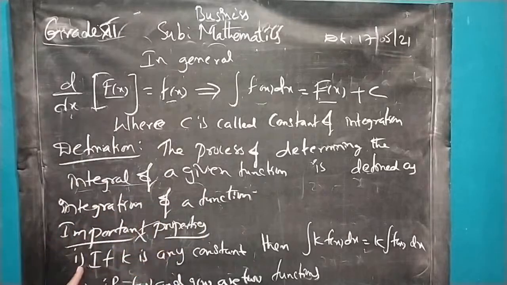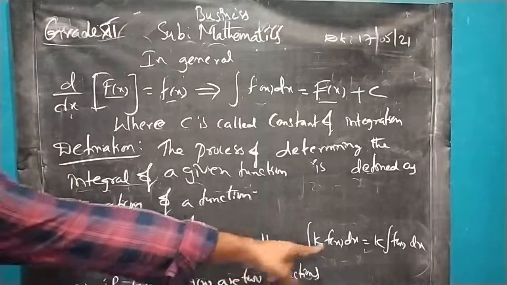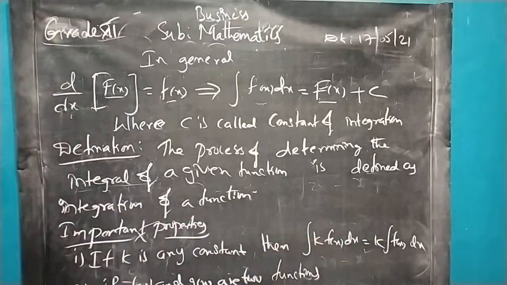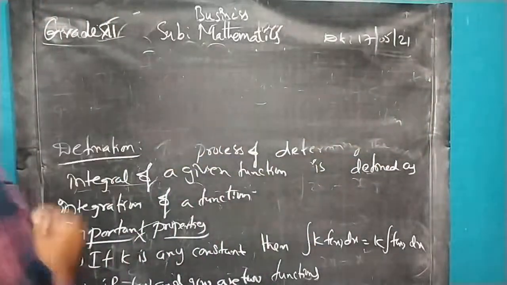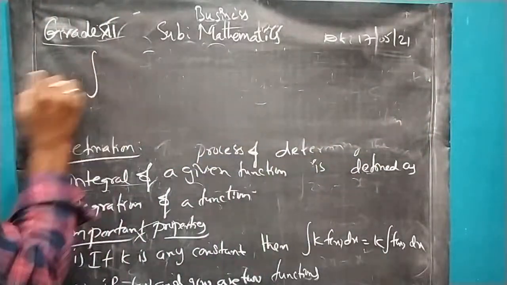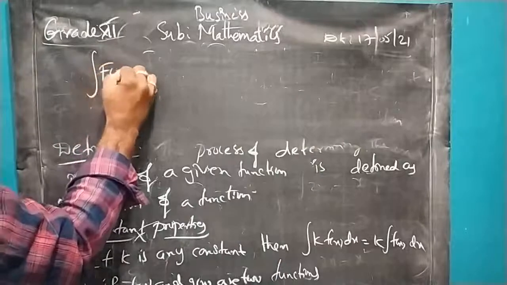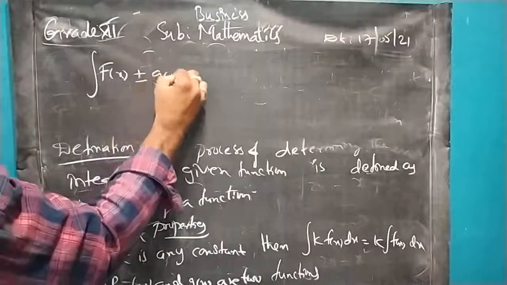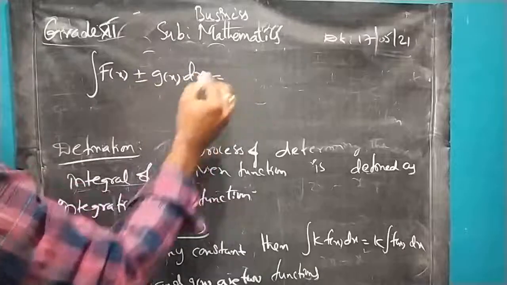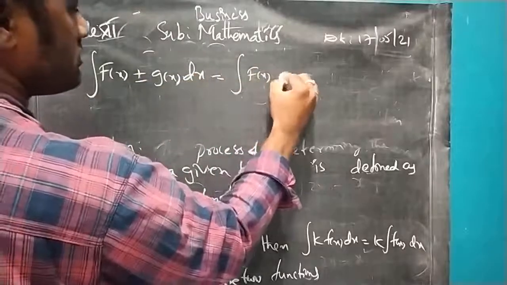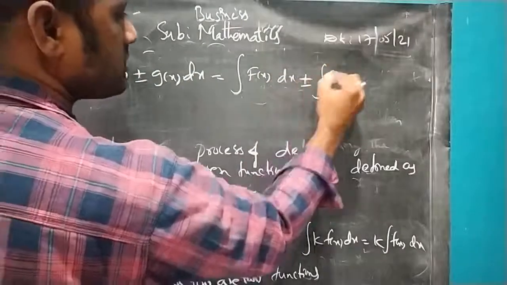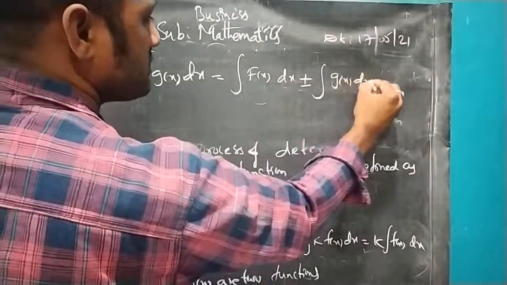Important points here. If any constant is there, just keep it outside and do the integration of the remaining function. If f of x and g of x are two functions, then the integral of f of x plus or minus g of x dx can be written as integral f of x dx plus or minus integral g of x dx.